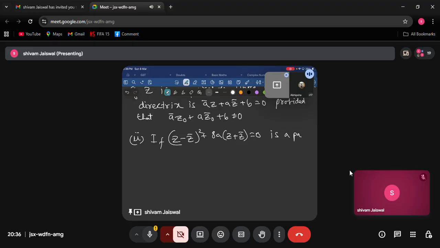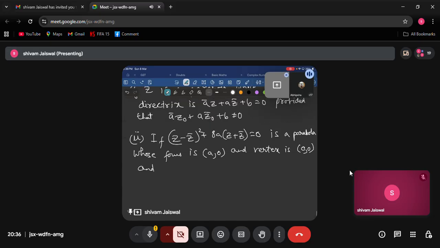It is a parabola whose focus is a comma 0 and vertex is 0 comma 0. Because z minus z bar by 2 is equal to y, right?